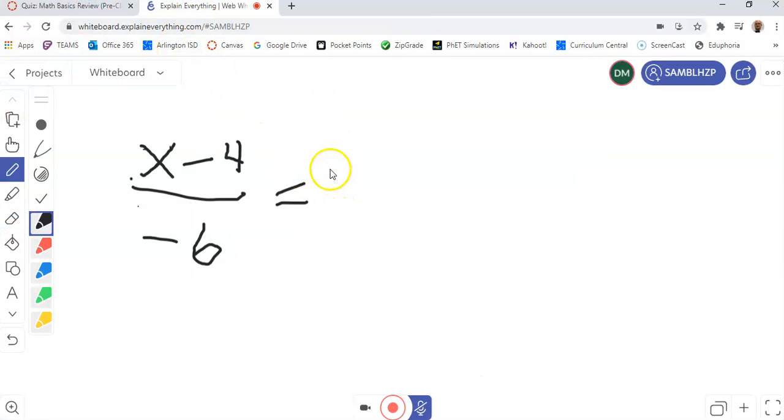Now, in your math class, you should know that anytime there is a fraction, you need to get rid of that denominator. And the way to do that is to multiply both sides by the denominator. So we're going to multiply both sides by negative 6.